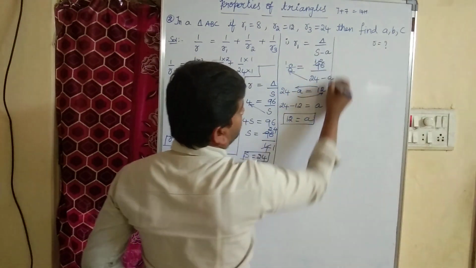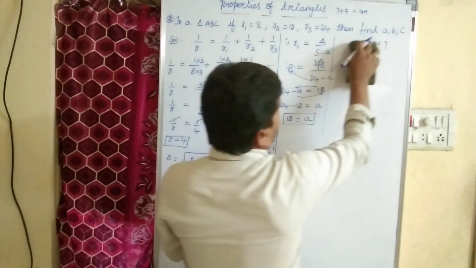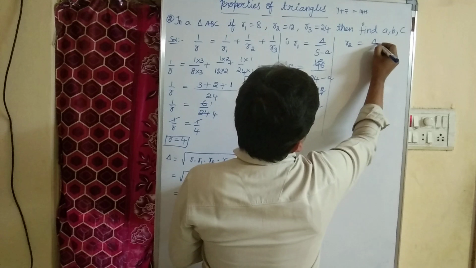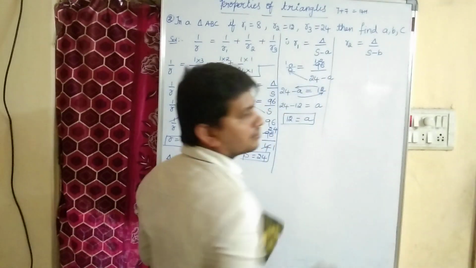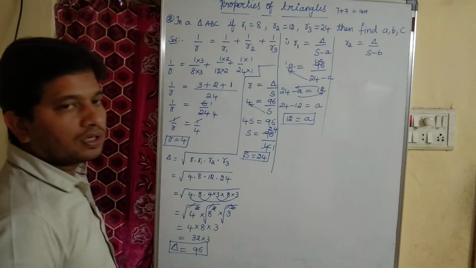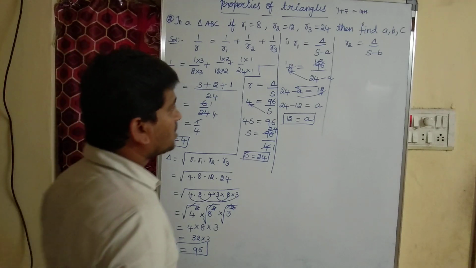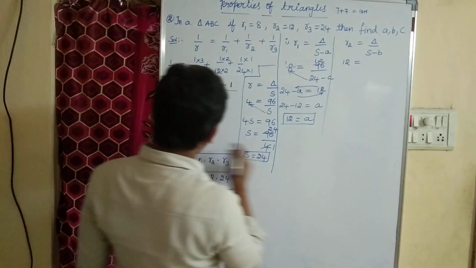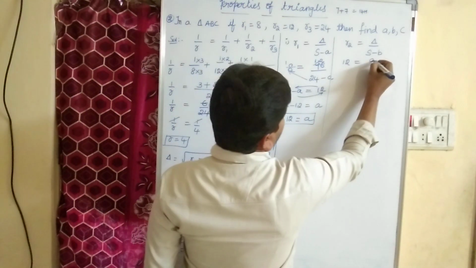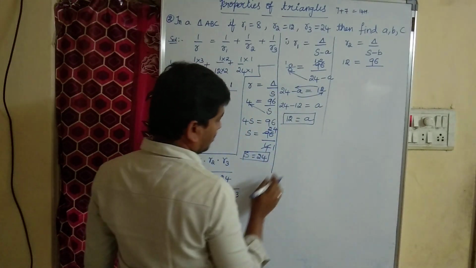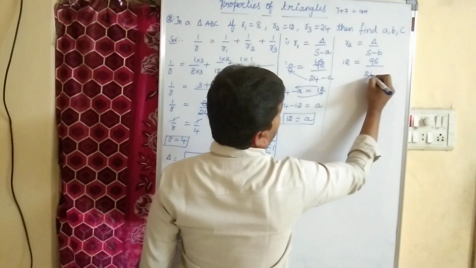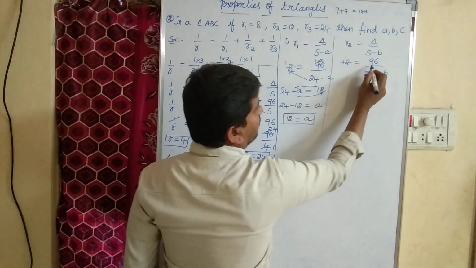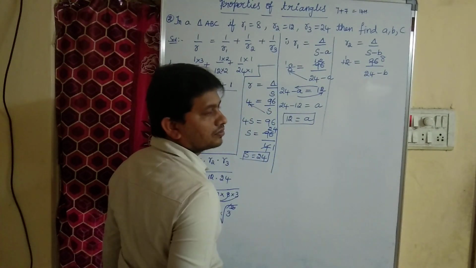Now coming to the second one, the formula for R2 is delta by S minus B. R2 equal to delta by S minus B. What is R2? R2 equal to 12, and delta value is 96 divided by S value 24 minus B. Again 12 table: 12 8s are 96.